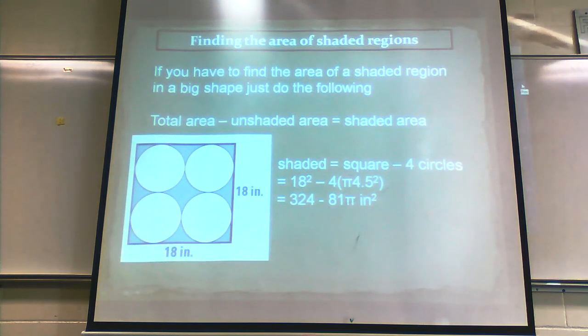If there's something you can't quickly figure out using what I have written there, like you don't know what the big shape is or you don't know what the circles are, you're going to have to break it up into shapes you know. You might have to add lines to it. You might have to create other shapes inside it, whatever you need to do. Okay? All right.